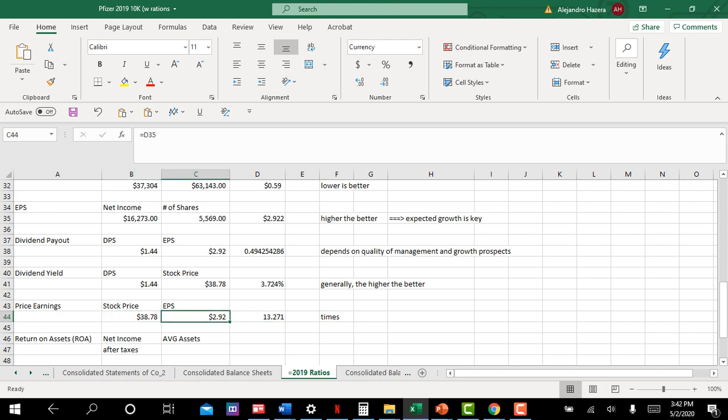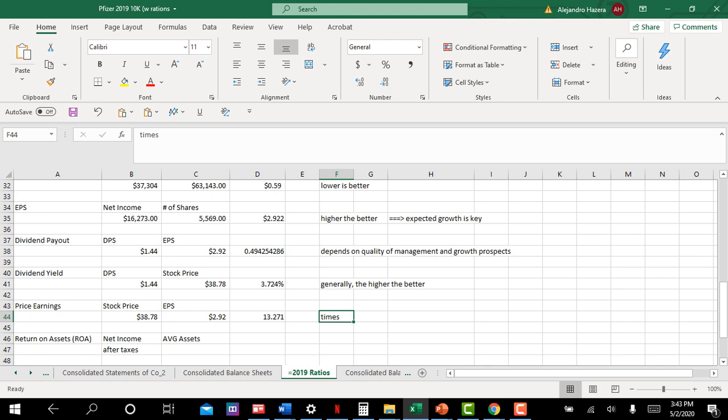Earnings per share are an accounting fact, even though accounting has its faults too, let's say. But stock price, we know, fluctuates. So as of December 31st, 2019, Pfizer's stock had a PE of 13.71 times 12 months ago earnings.